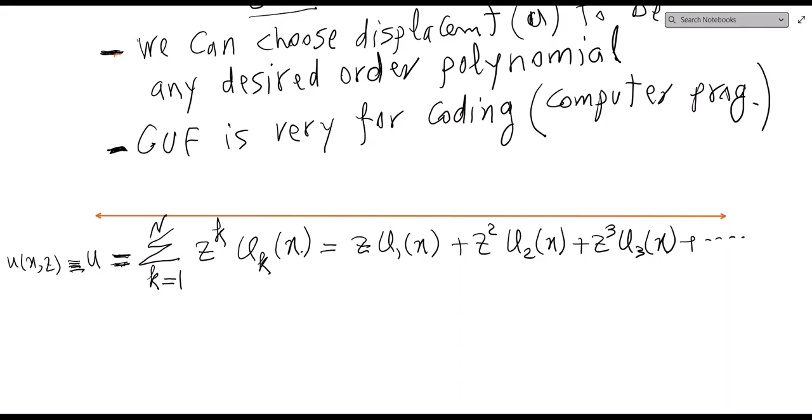Now, in this, we can immediately see that if I let n be 1, so k goes from 1 to 1, I recover only the first term.